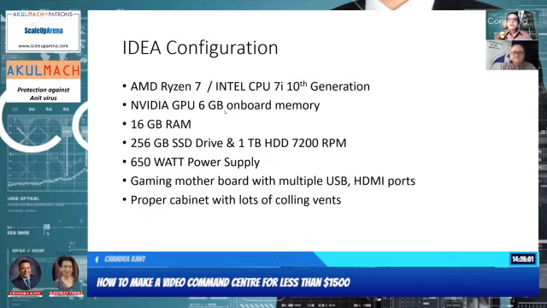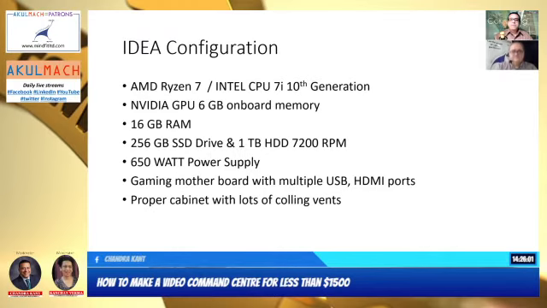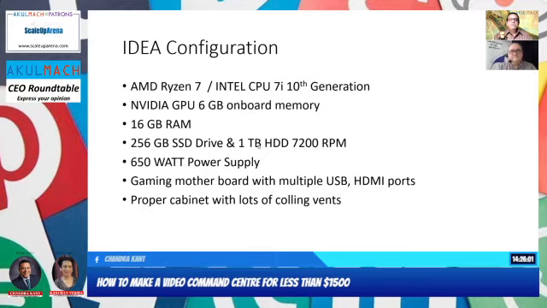Start with 16 GB RAM, but if you have money with you, you can go with 32 GB of RAM. That would be sufficient for you. Go with 256 GB of solid state drive and 1 TB of HDD, which works at 7,200 RPM.